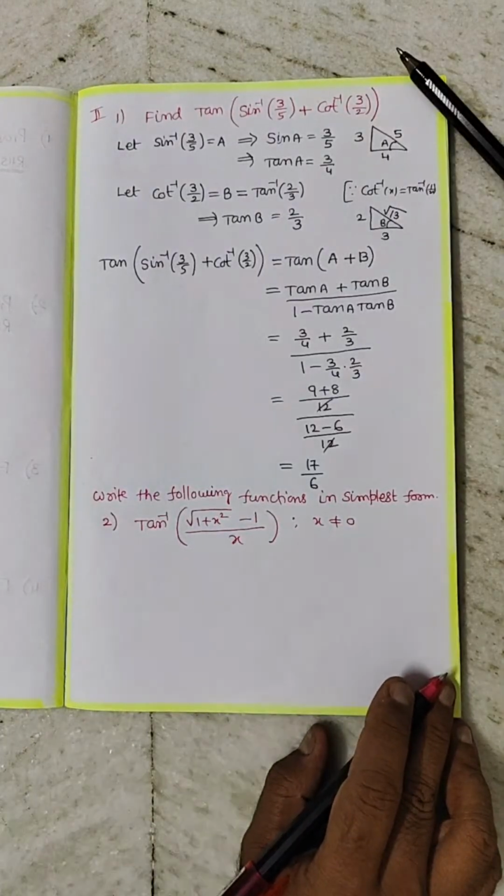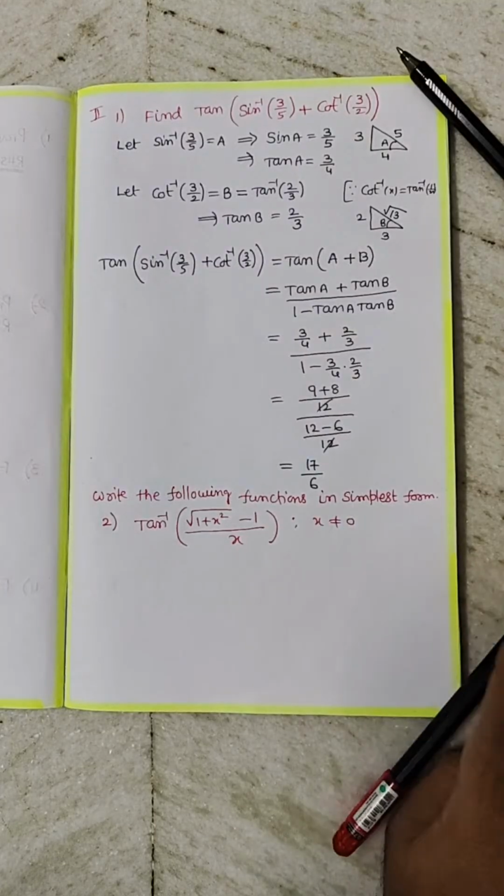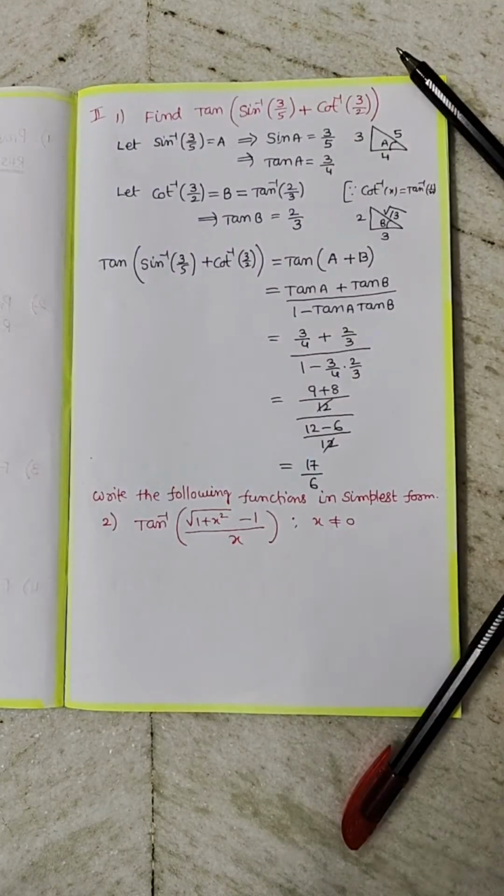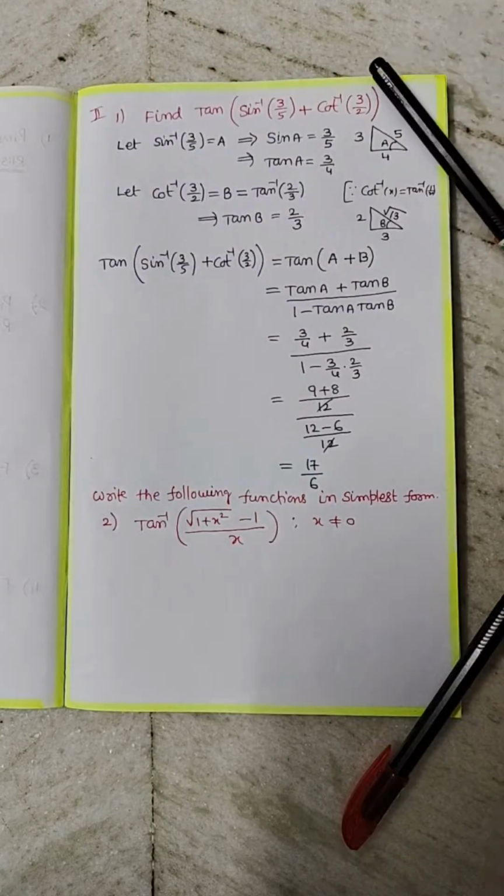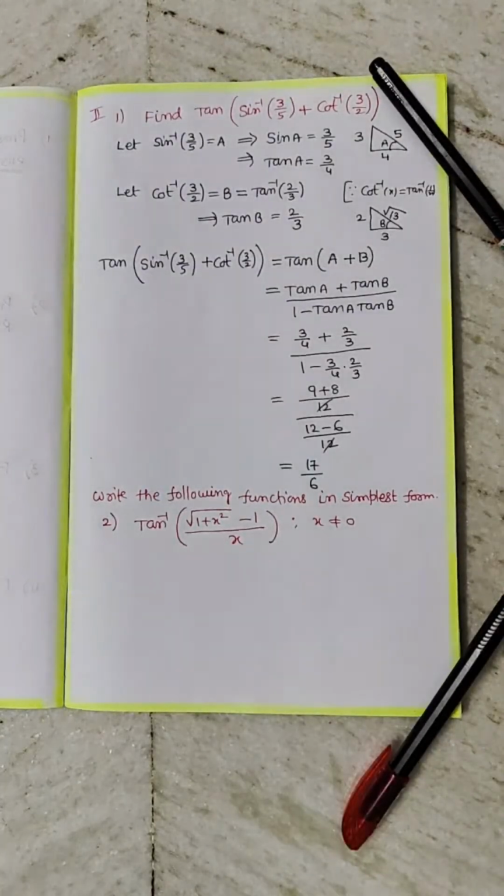Okay. See, whenever tan inverse is there, the bracket value we compulsorily need to get in terms of tan.